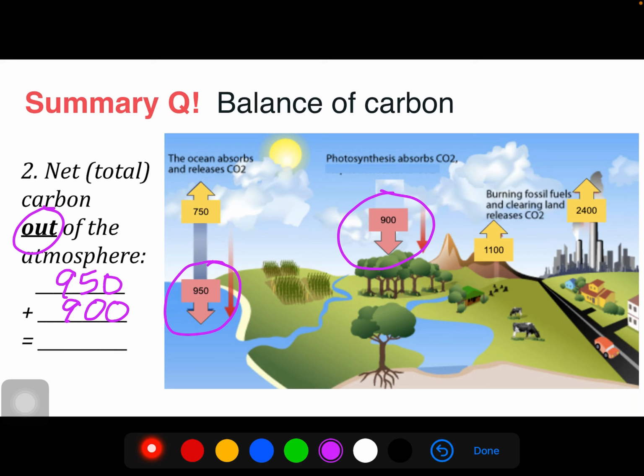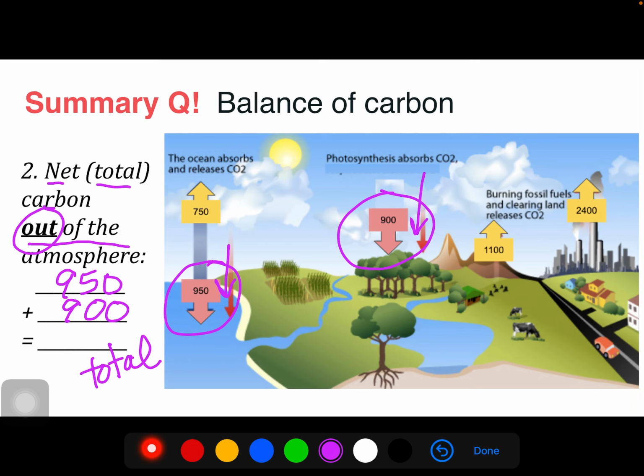So again, these are our out of the atmosphere arrows. And I can tell that because they're coming, again, out of the atmosphere. So again, the net is thinking about the total amount of those. So again, you're doing a little addition to get that total amount coming out of the atmosphere.